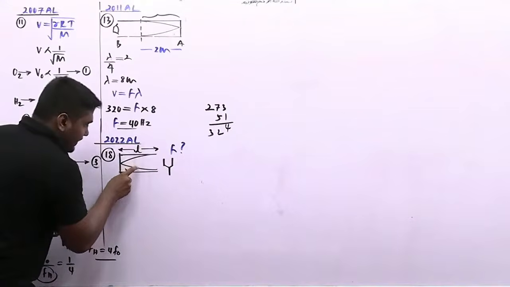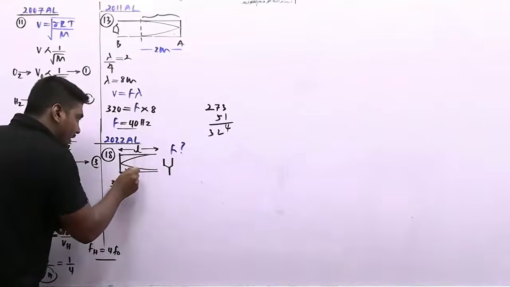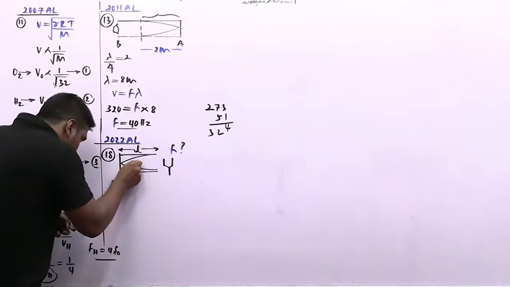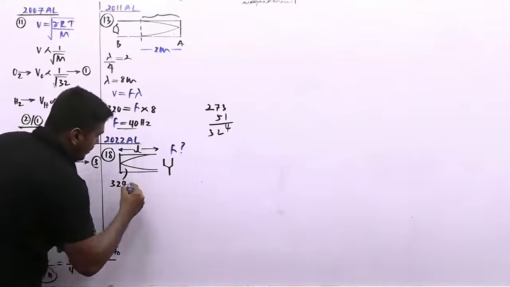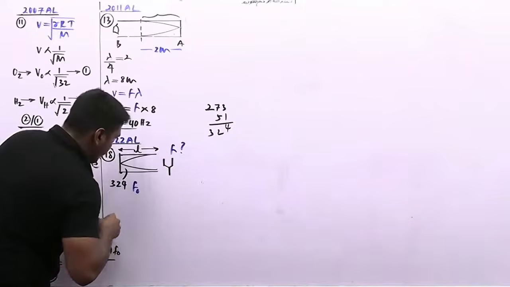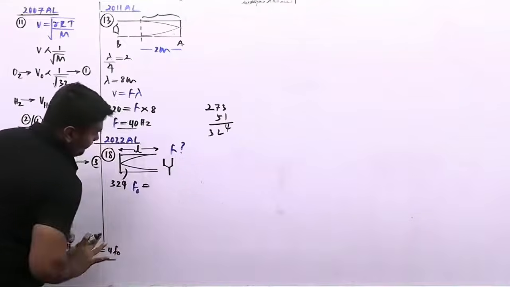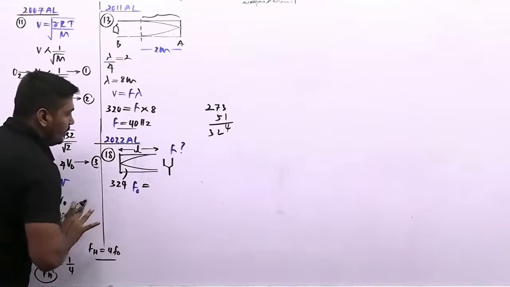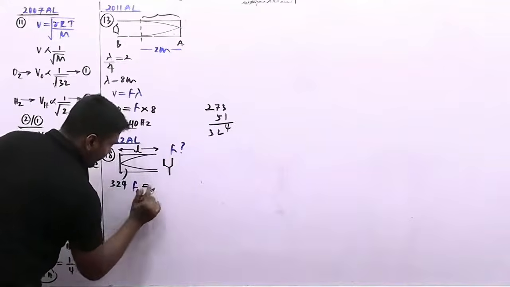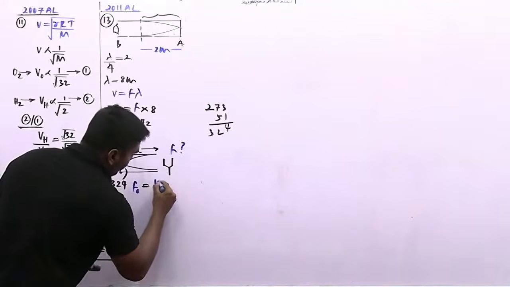So you can find the fundamental frequency of this air column. For a one-end closed tube, the equation for the fundamental frequency f naught is V over 4L. Look here, V over 4L.